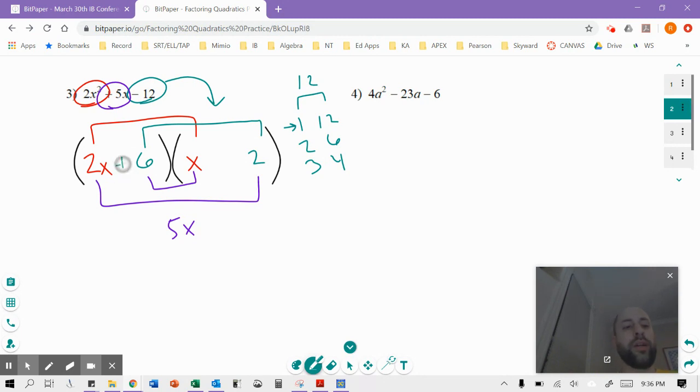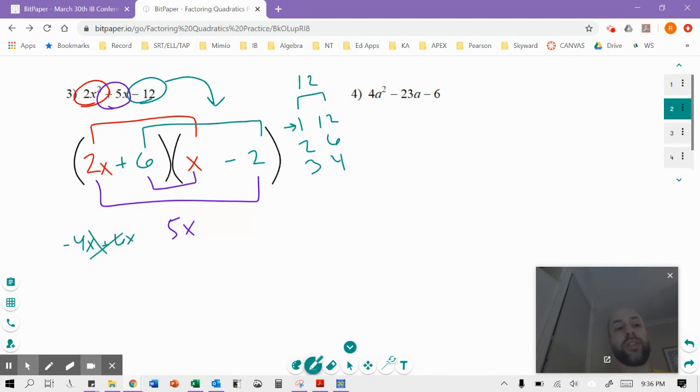So again, if you're not sure where to start, just pick one positive, one negative. So I know that multiplies to negative 12, but it's the purple that I have to check. So I would have 2x times negative 2 is negative 4x. So negative 4x and then 6x from the purple lines, and that does not add up to 5x either.